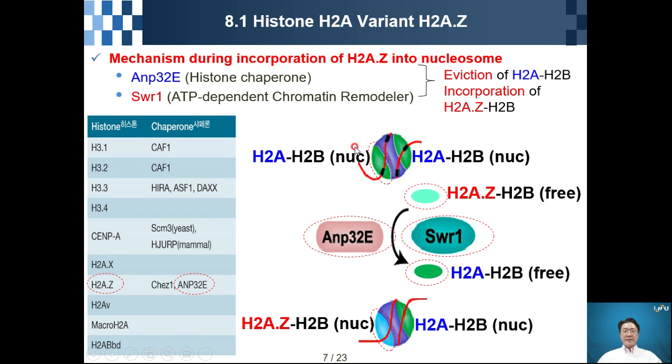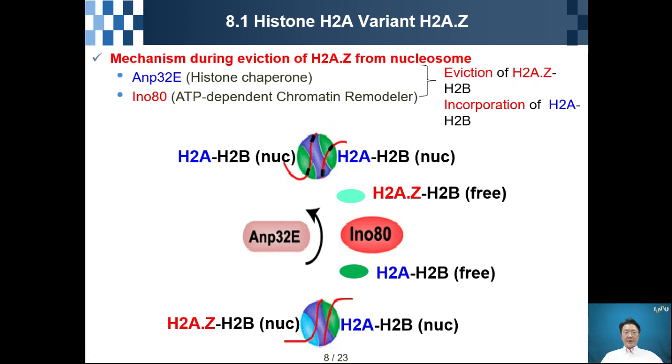Once again, during the incorporation of H2AZ into the nucleosome, two proteins are involved: one is the histone chaperone, and the other is an ATP-dependent chromatin remodeler. First, eviction of the H2A H2B dimer from the nucleosome happens. After that, incorporation of the H2AZ H2B dimer into the nucleosome happens.